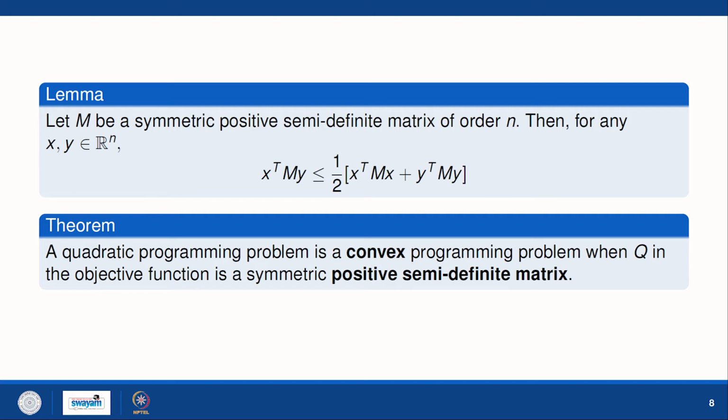To understand this we have two important results. The first result is: if M is a symmetric positive semi definite matrix of order n, then for any x, y in R n this inequality holds. The proof is very easy. What is given to us is that M is a positive semi definite symmetric matrix.